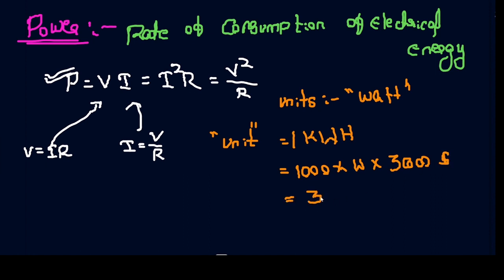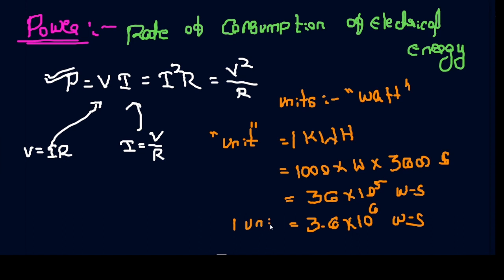If I combine it all, it is 36 into 10 to the power of 5 watt second, or we can also write 3.6 into 10 to the power of 6 watt second, right? This is the value of 1 unit. They may ask you this in MCQs as well, so note it down. So this is the power definition and units, right?